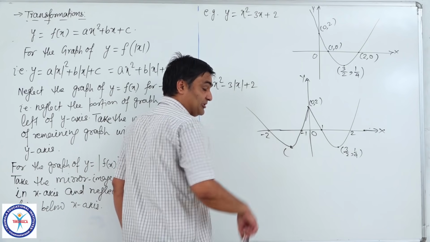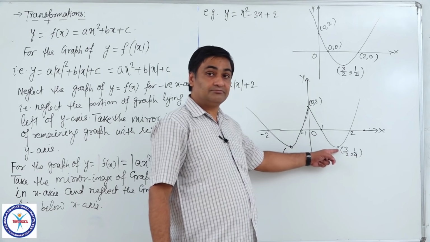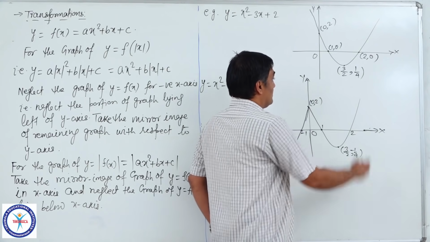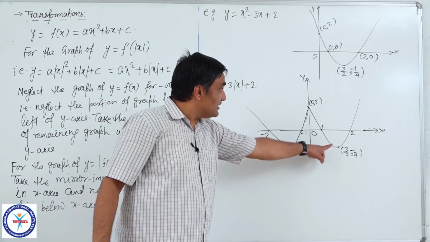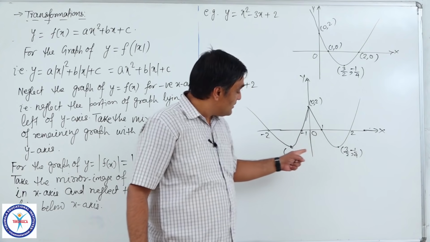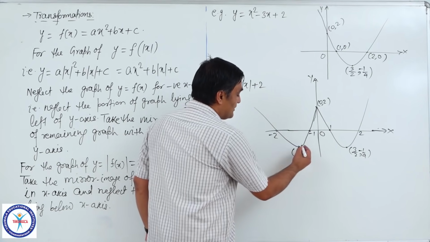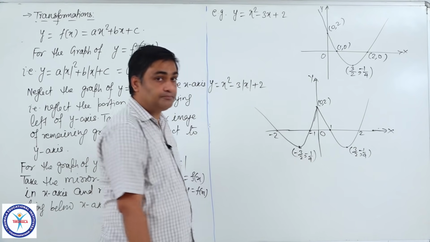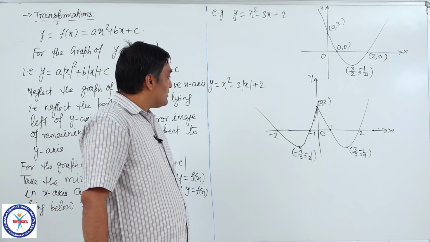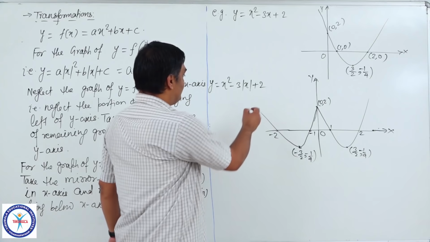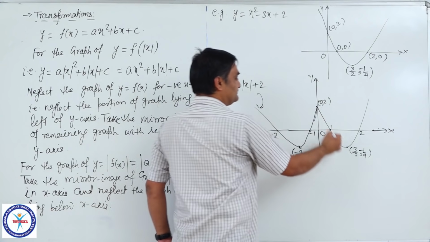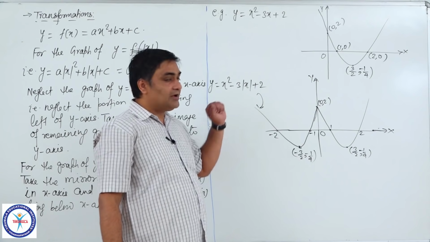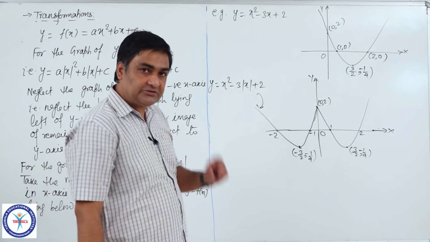This vertex now will be, it was in the fourth quadrant, now it will be in the third quadrant. Fine. So, this whole portion is the graph of y equal to x square minus 3 mod x plus 2.